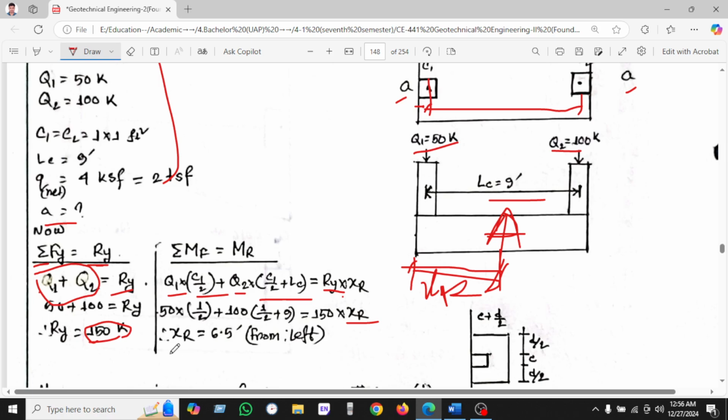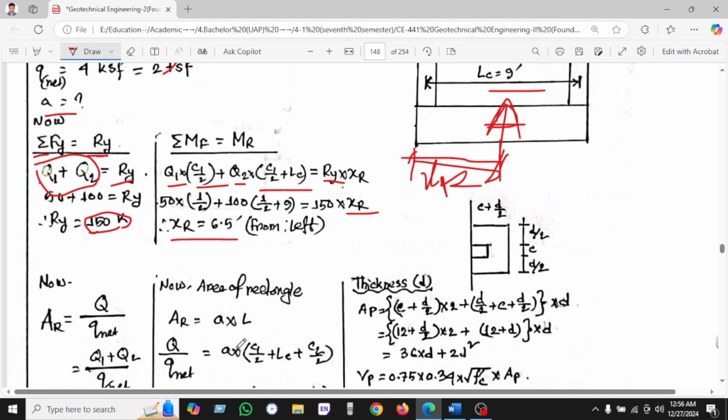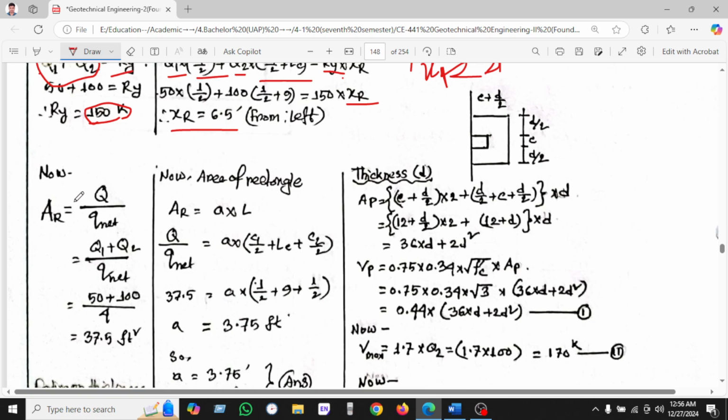We are calculating this and found XR equal to 6.5 meter. Now we will know the stress equal to force per area, and we are subtracting here, and we know area equal to force per stress, and found force equal to Q1 plus Q2 induced and found as 37.5 feet square.